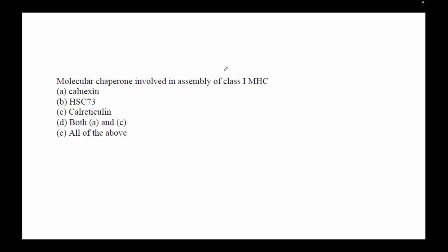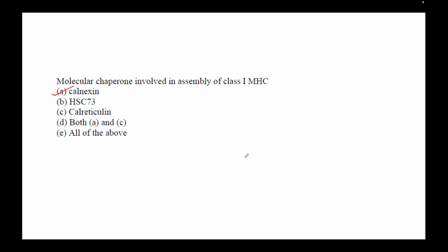Okay, so molecular chaperone involved in the assembly of class 1 MHC. There are certain chaperones which are involved in the assembly of class 1. Both A and C. Yeah, this is calnexin, which binds to the MHC class 1 when there is only the alpha subunit.